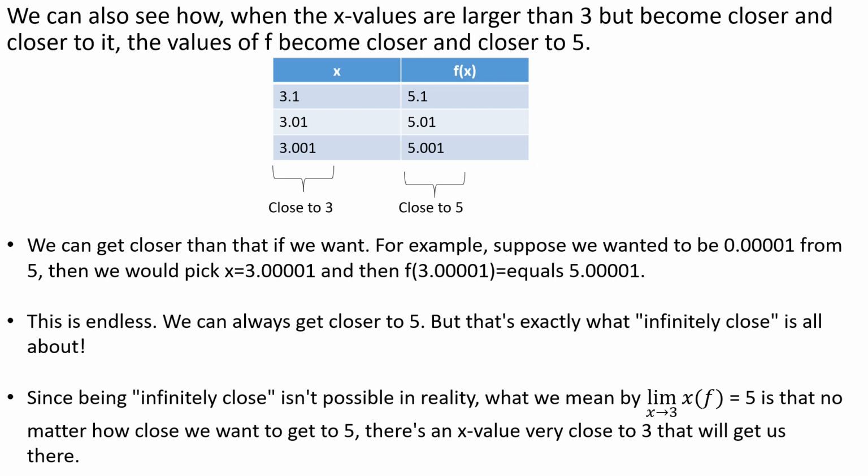And the same thing as x approaches 3 from the other end: 3.01 gives me 5.01. 3.001 gives 5.001. Getting close from both ends. We'll never get to 3, but we can get infinitely close to 3.